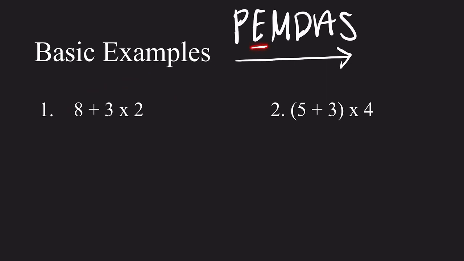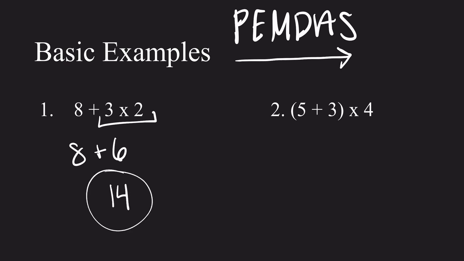Are there any exponents? None of that. Is there any multiplication or division? Yes, there is. So I'm going to start with that. 3 times 2 is 6. 8 plus 6 is 14.